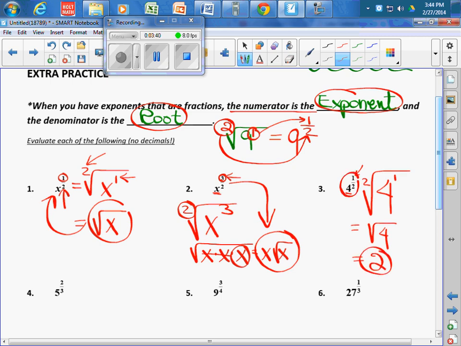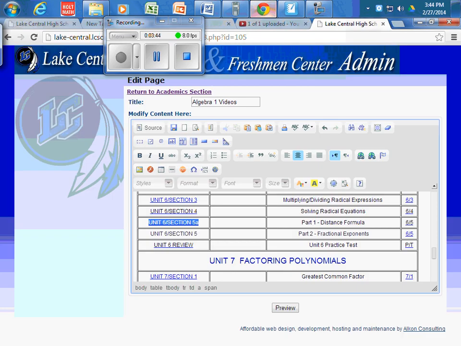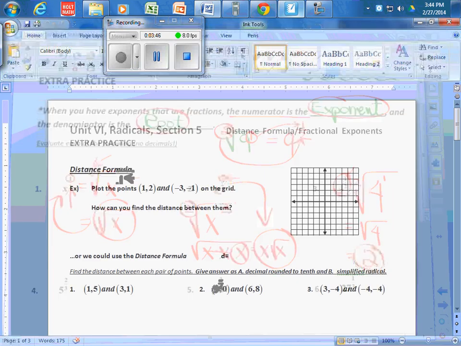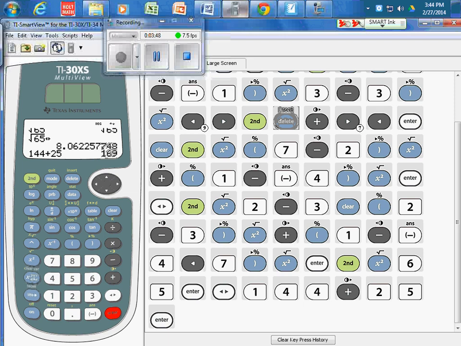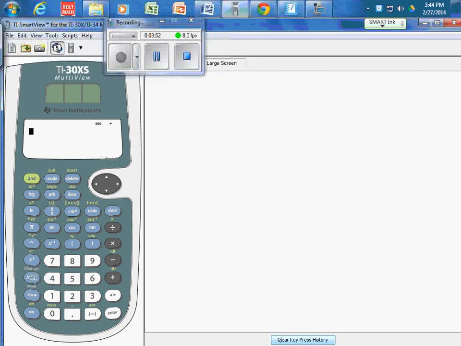Try plugging that into your calculator. You know how to do that? Let's clear all this stuff out. All right, so 4 to the 1/2 power. We're going to press your 4. Now your exponent button is this caret key. It looks like the roof of your house.